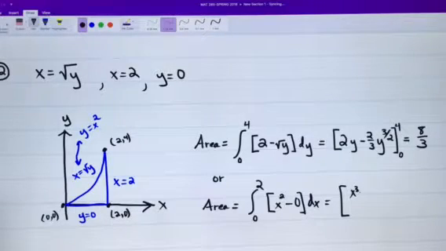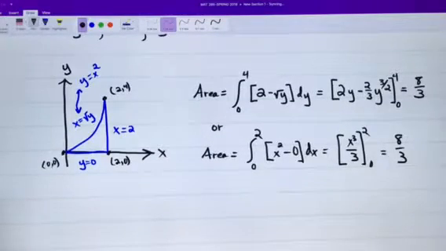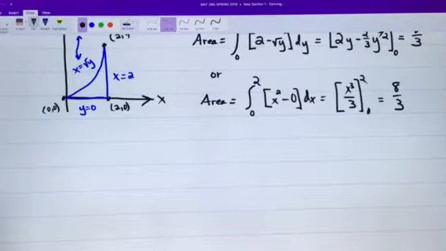The antiderivative is x to the third over 3 as x goes from 0 to 2. And notice, the area still comes out to 8/3. Whichever technique you go with, whether it's integrating with respect to x or with respect to y, will still come out to the very same result.